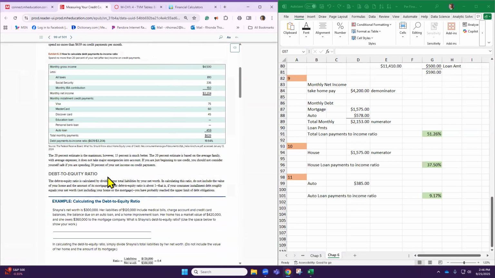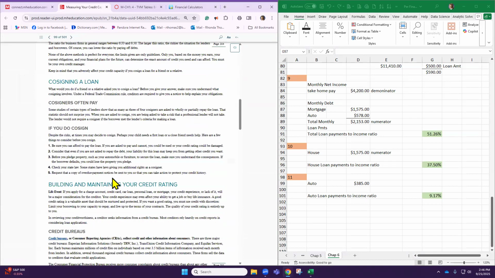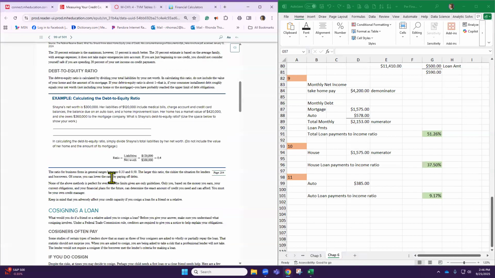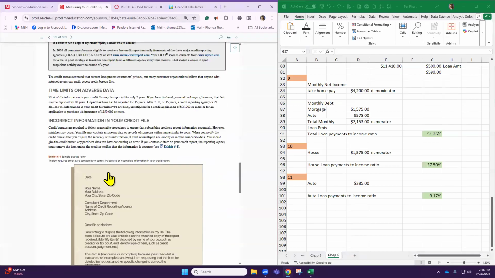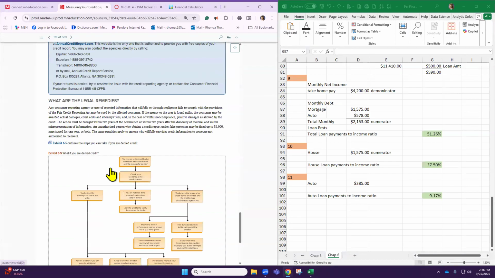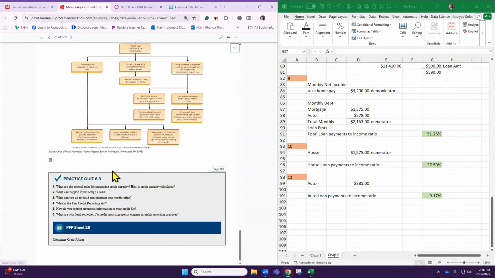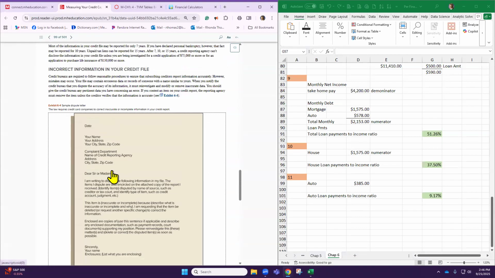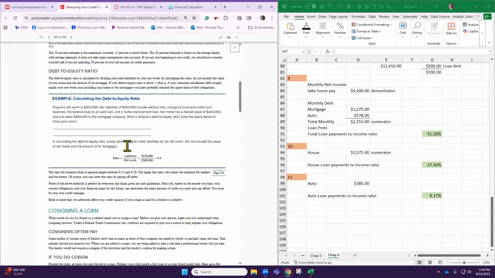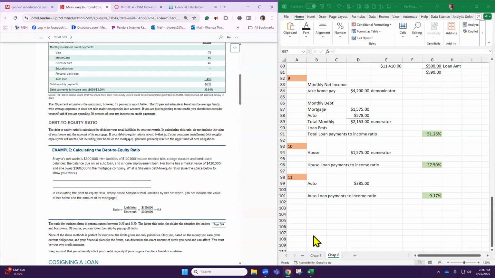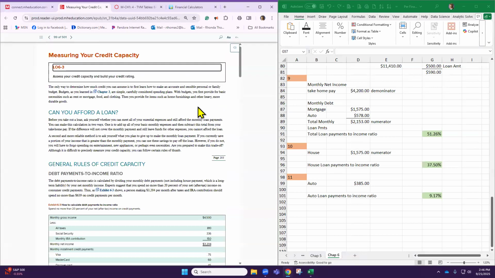Debt payments to income, co-signing, building and maintaining your credit rating. So they definitely talk about debt to equity ratio, but this is income. Hang on a minute. Let me see what I can find here.